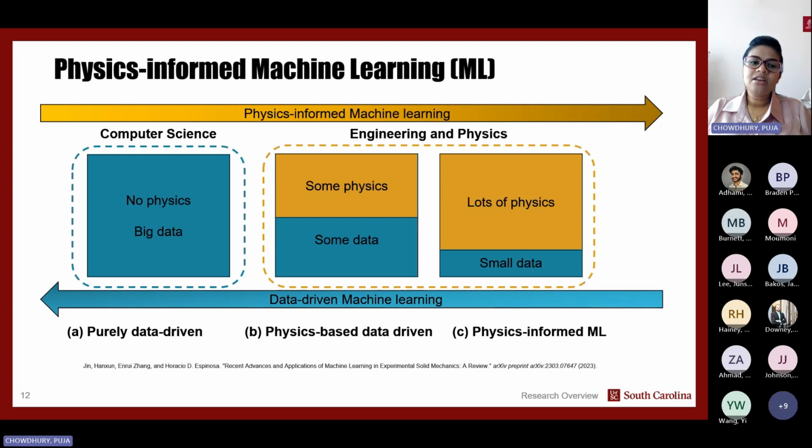In the beginning, there is no physics, only big data, which is considered purely data-driven. Gradually, when we put in more physics and less data, it moves toward physics-informed machine learning approaches. That's how we found the middle ground of physics-informed machine learning for our research question 2.